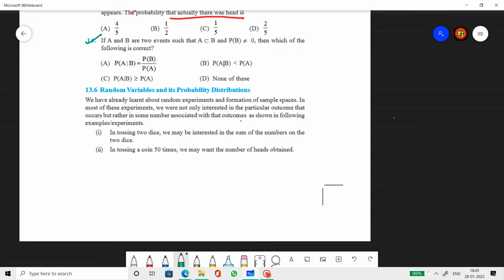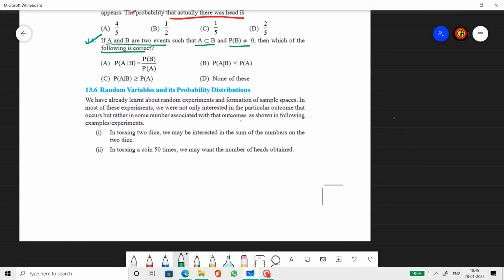Question number 14. If A and B are two sets such that A is a subset of B and P of B is not equal to 0, which of the following is correct? So let us find the reason why each one is correct or otherwise.